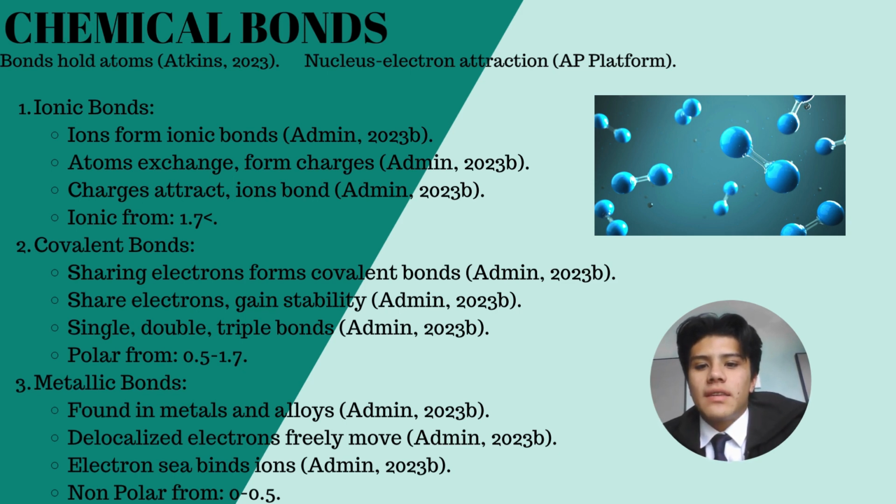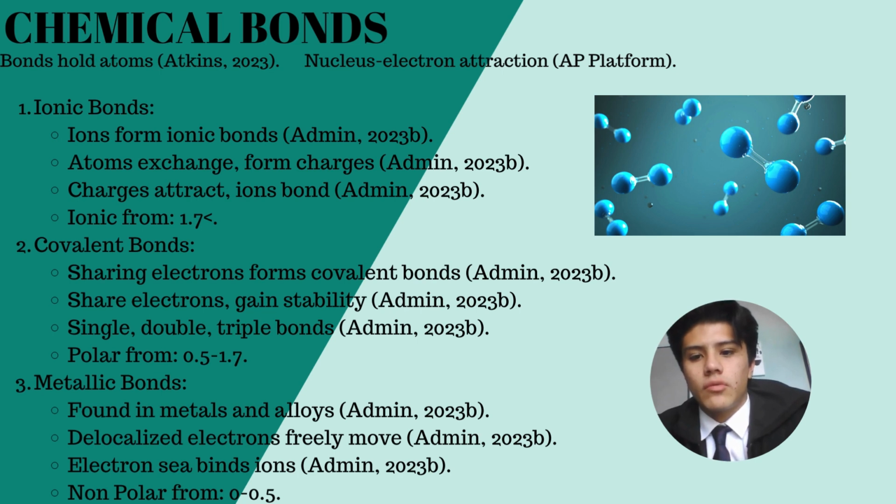One atom donates electrons, becomes a cation with a positive charge, and another atom accepts electrons, becomes an anion with a negative charge. The opposite charges attract, holding the ions together, and it is from 1.7 and more.